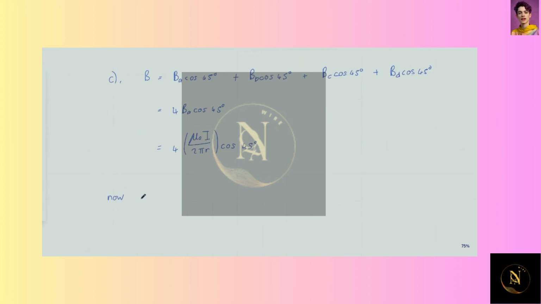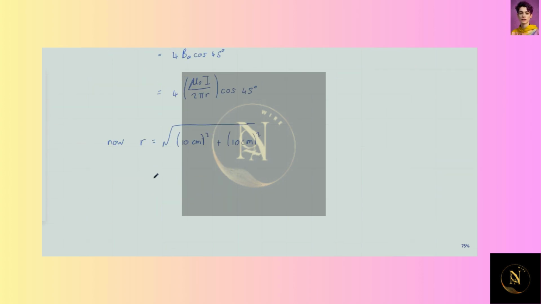Now r, with some Pythagoras, is equal to the square root of 10 centimeters all squared, plus again 10 centimeters all squared, which gives us the distance at the center of the square to be 0.1 times the square root of 2 in meters.